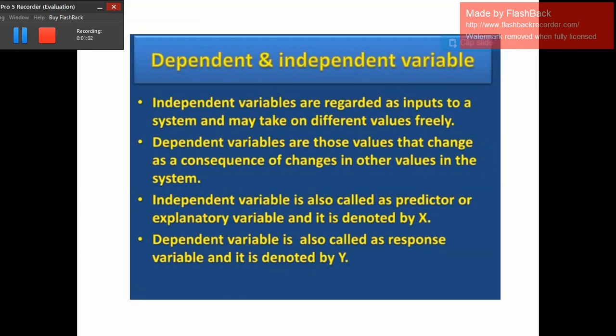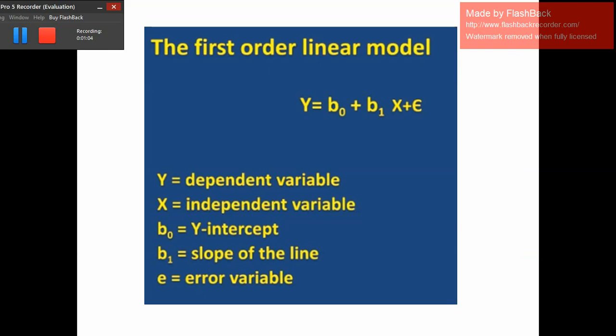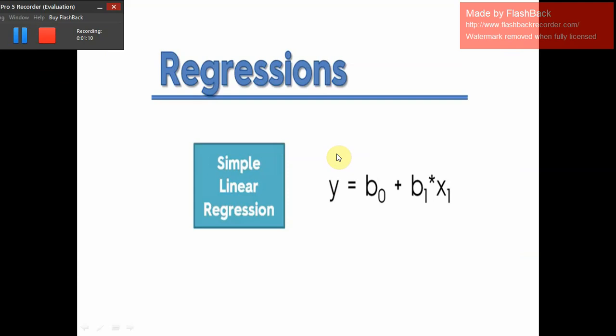We also saw the formula y = mx + c, the slope-intercept form. In simple linear regression we have y = b0 + b1x, where b0 is the intercept and there is only one variable.